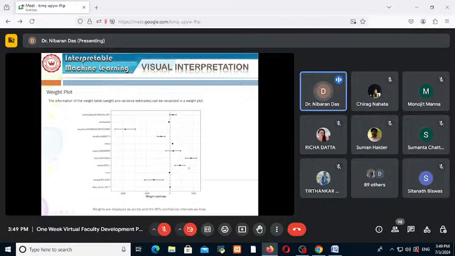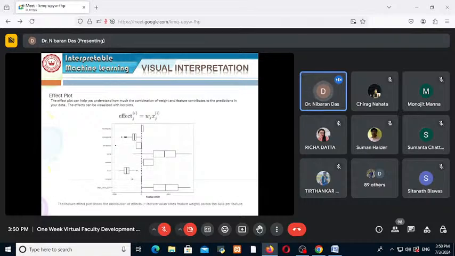So this is the way we could explain it with a weight plot. I mean, some kind of effect plot. In a weight plot we use only the weight of that particular feature, but in an effect plot we use not only the features, we use the corresponding features multiplied by the corresponding weight, like beta 1 multiplied by x1.